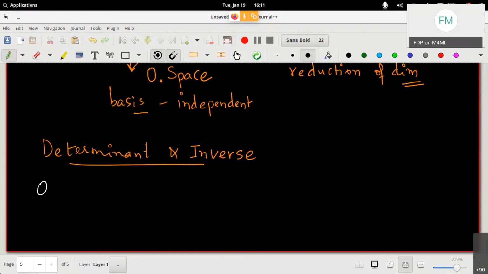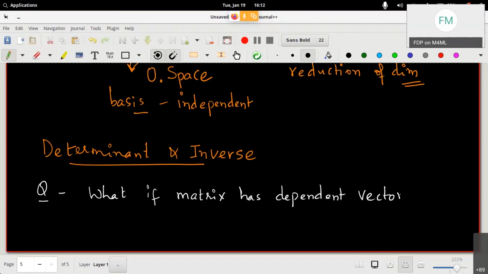So the question we are trying to pose is, what if the matrix, your matrix of feature vectors, has dependent vectors? You have the dependent vectors. So you use those methods to solve them.